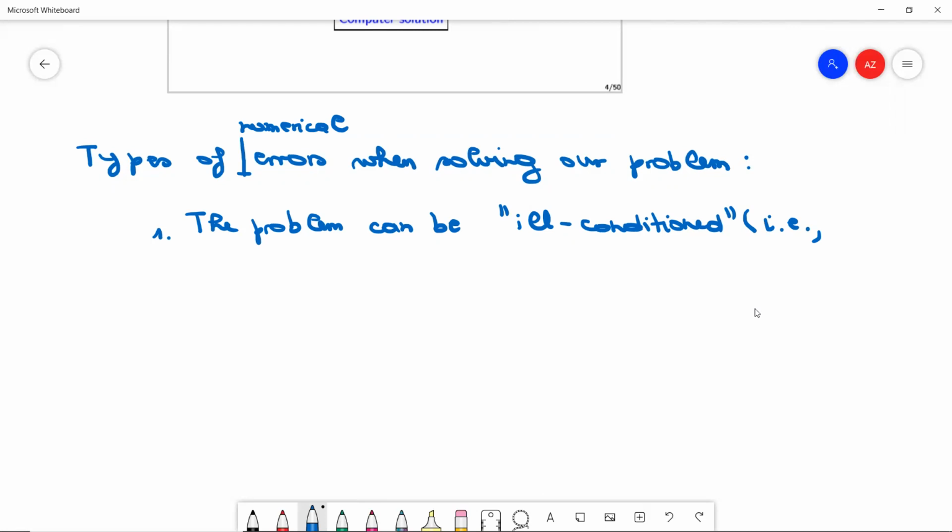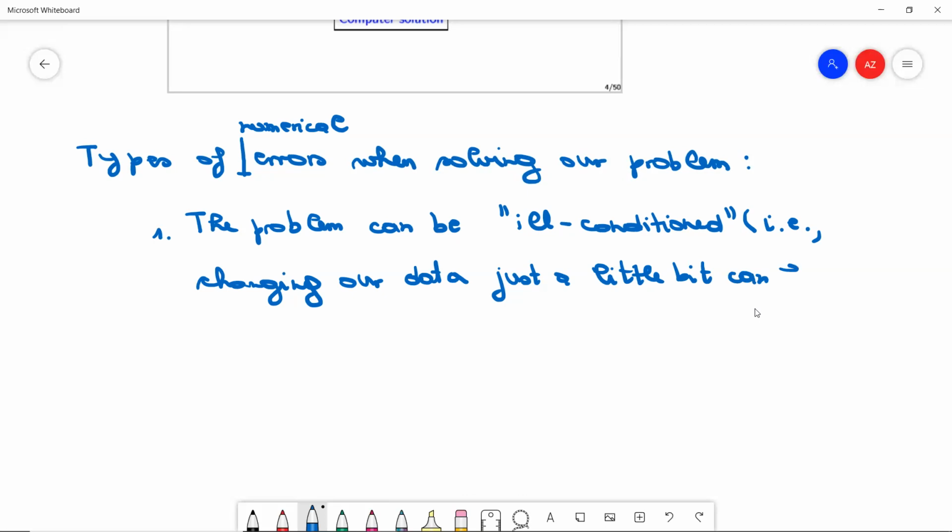It means that changing our data just a little bit can have a great impact on our solution.